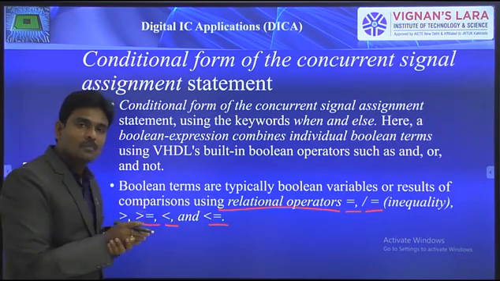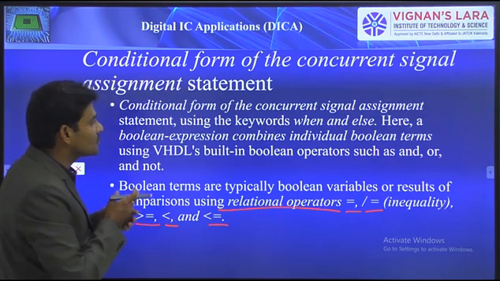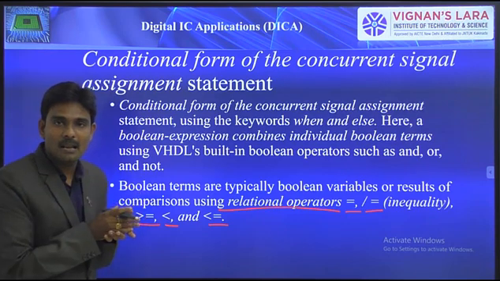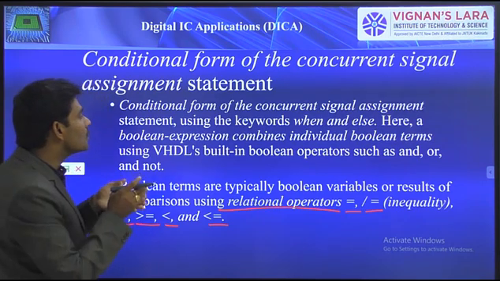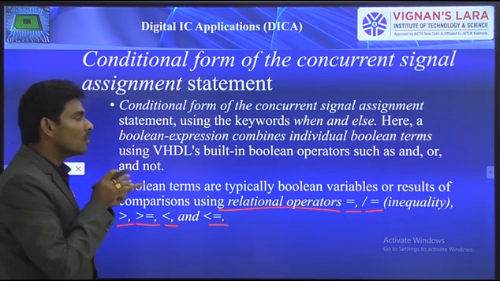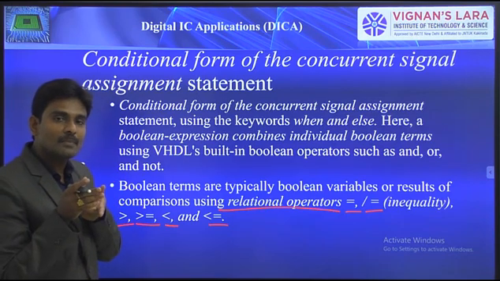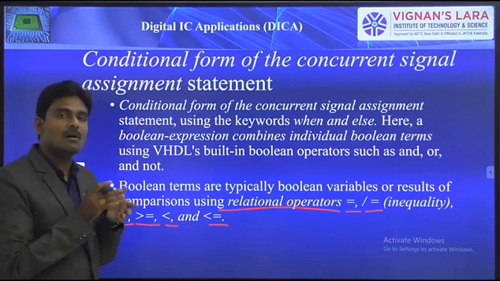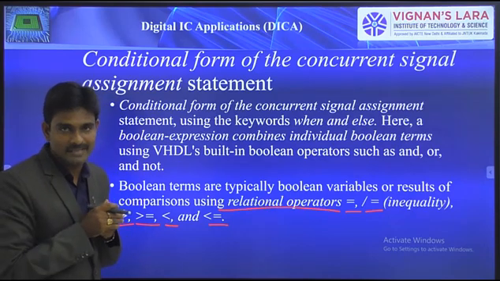In that Boolean expression we are going to mention all of this. In general, a Boolean expression combines Boolean terms using predefined operators. In VHDL we have the predefined operators and, or, not, NAND, XOR, XNOR, all these.